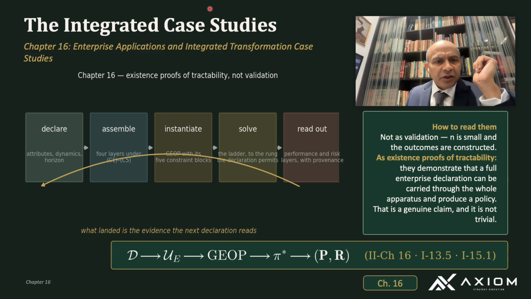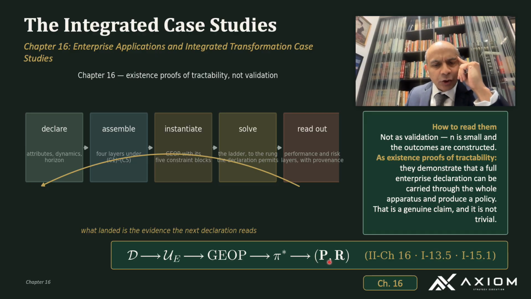So the equation, this chain over here, summarizes the DCT decision pipeline. We have D, which is the enterprise declaration. We have U sub E, which is the enterprise architecture. Then we have GEOP, the general enterprise optimization problem, instantiated on the unified architecture. And then we have pi star, which is the resulting optimal enterprise policy.